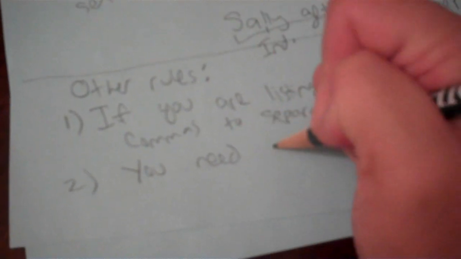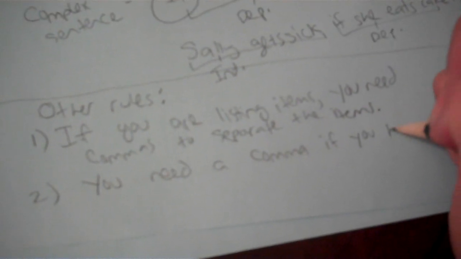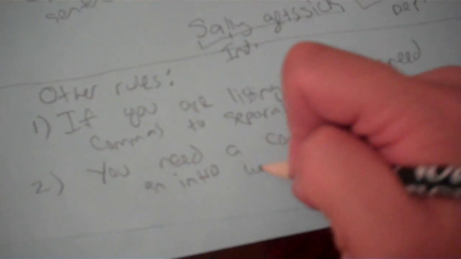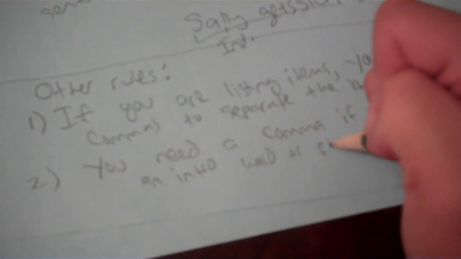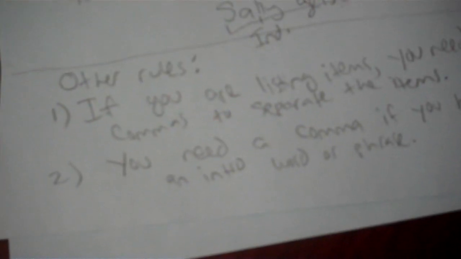You need a comma if you have an intro word or phrase. All right. So again, I'm not going to go into depth because A, we did this freshman year.